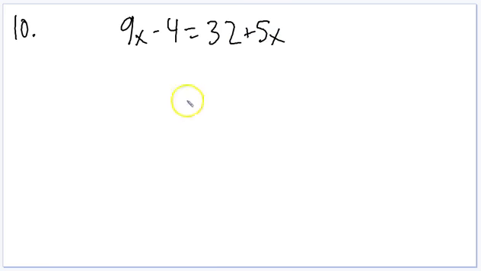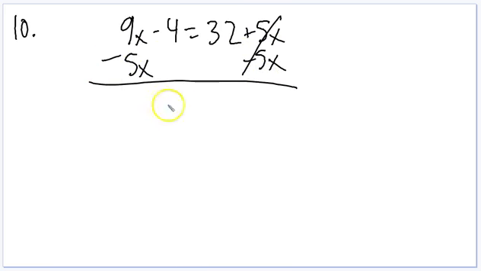Number 10. So I've got 9x minus 4 equals 32 plus 5x. Variable positive, so I'm moving it over here. That's gone.